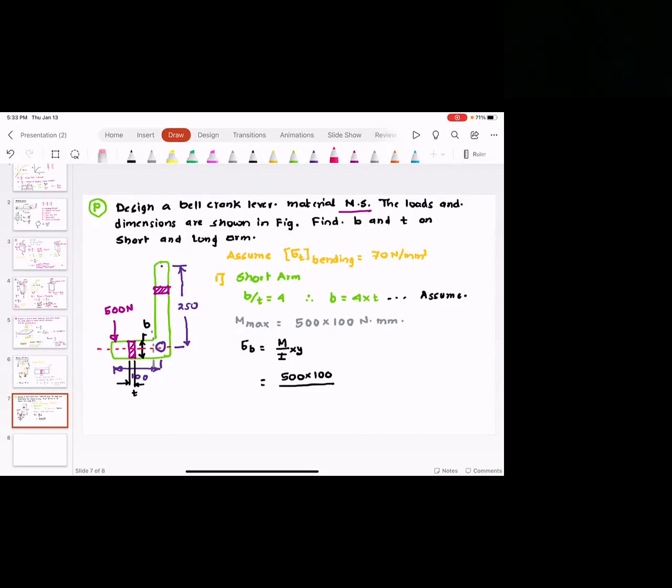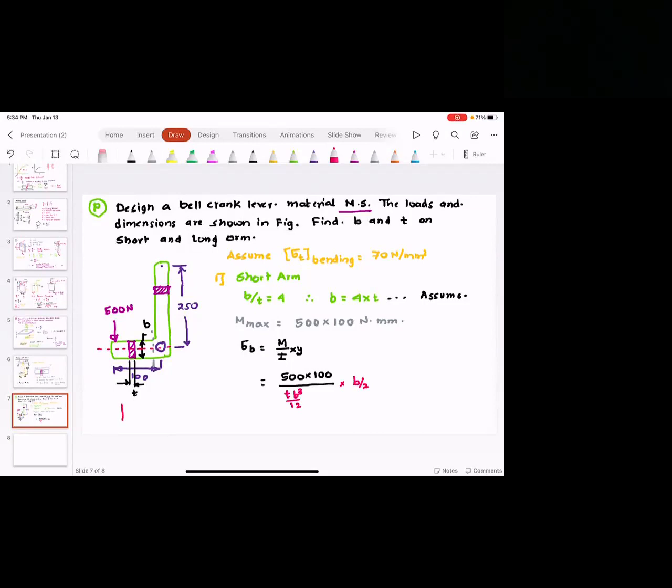So if you look at this, this is going to be T B cube by 12, multiplied by Y, which is B by 2.